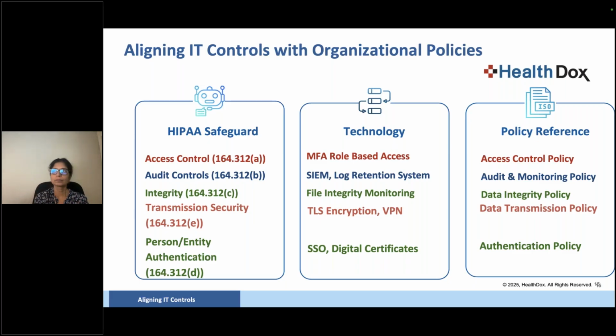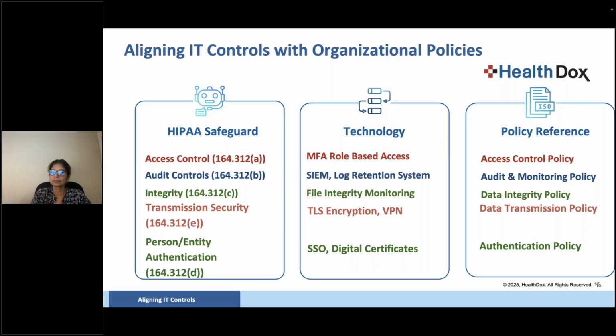That's why I say policies are also key, like any technical controls. We always align safeguards like access control, encryption, and logging with HIPAA policies and procedures. We always align these two together. One is the technical controls, another is the HIPAA policies and procedures.